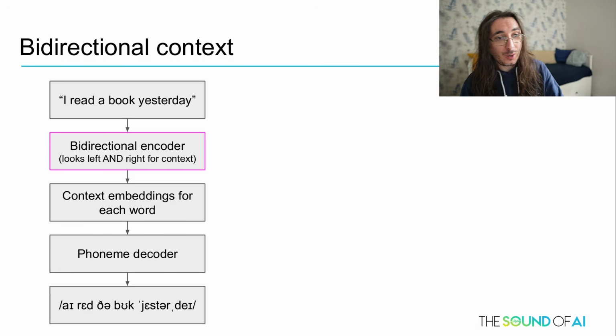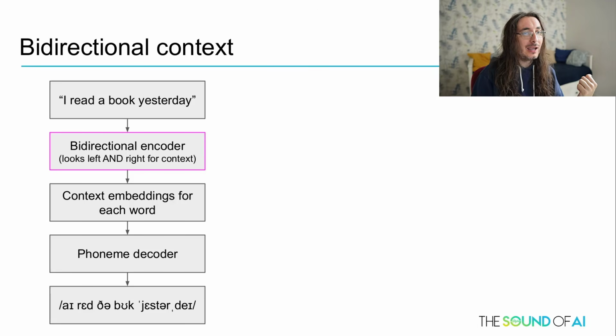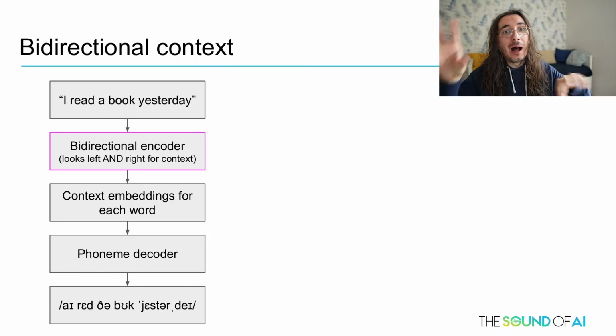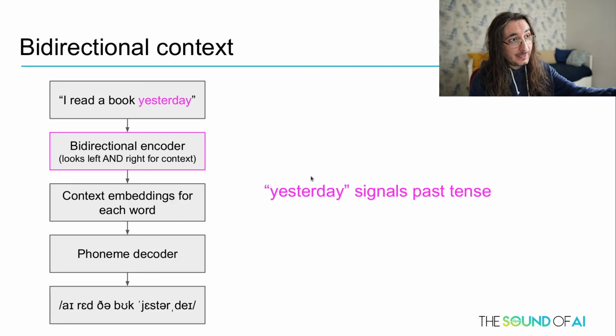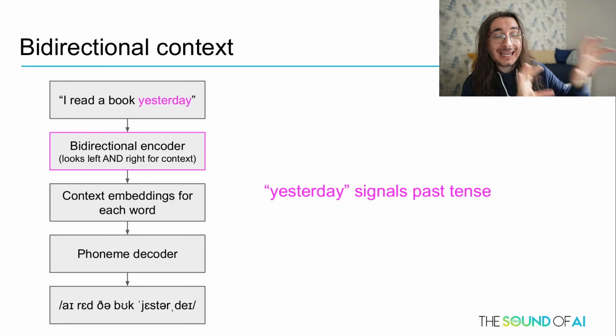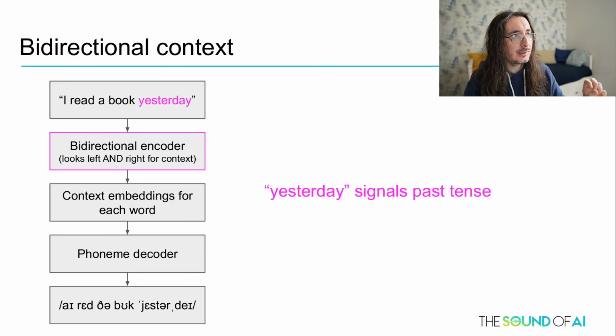It knows what happened before, what happens next, and the relationship among all of those words. Once we have that context embedding, the model can learn to notice that there's "yesterday".